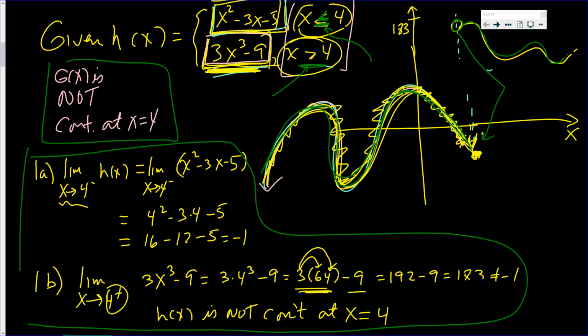When we didn't have the equal sign at x equals 4, that is, it just said x less than 4, not less than or equal, this is all the work we had to do. It's not continuous at 4 since g of 4 is undefined.